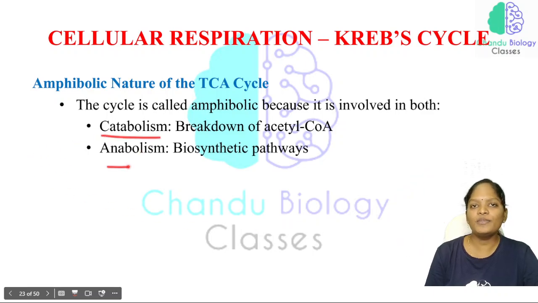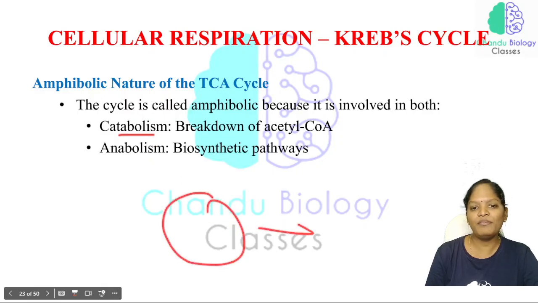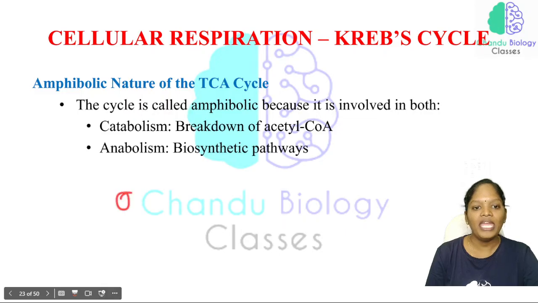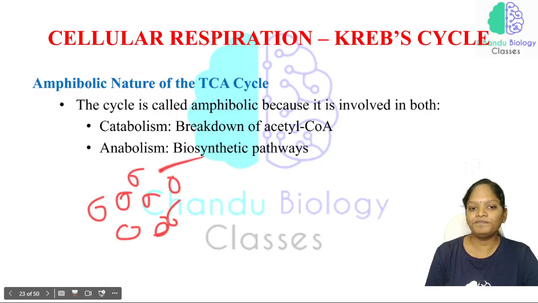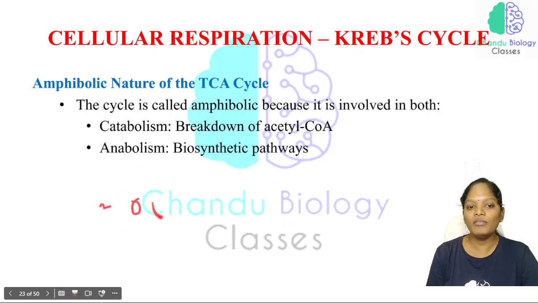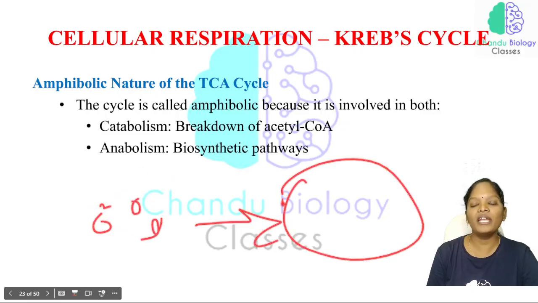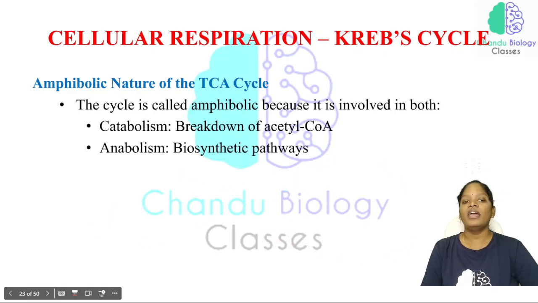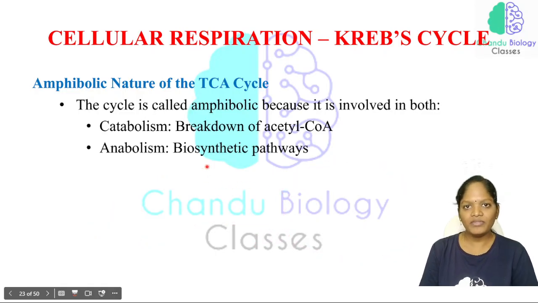Catabolism and anabolism together we call metabolism. They either break something down or make something up. Here a complex molecule is broken down into a simpler molecule, which is called catabolism. Next, anabolism: smaller molecules are put together to make up a complex molecule, and that is nothing but anabolism.